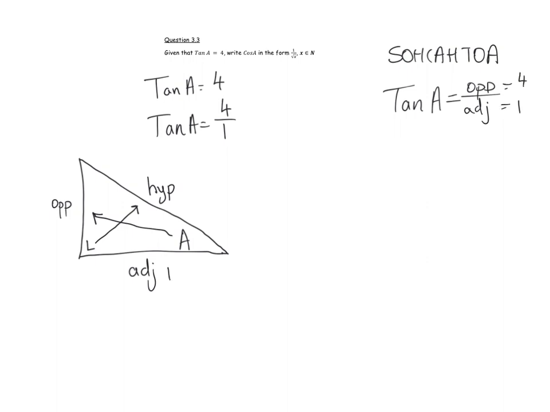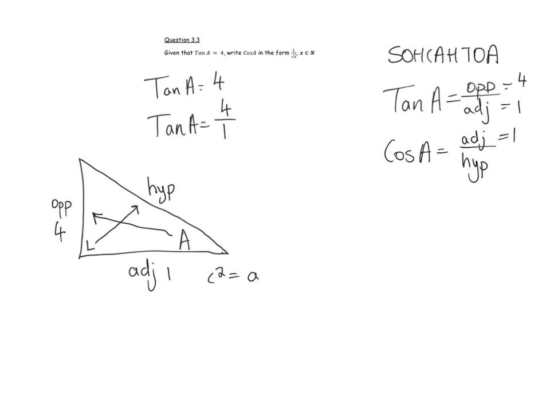We then need to find cos of A, and cos of A is equal to the adjacent over the hypotenuse. So we know what the adjacent is, that's 1, but we don't know the hypotenuse, and we'll be able to get the hypotenuse using Pythagoras' theorem.